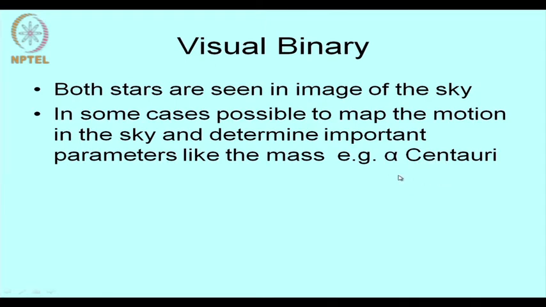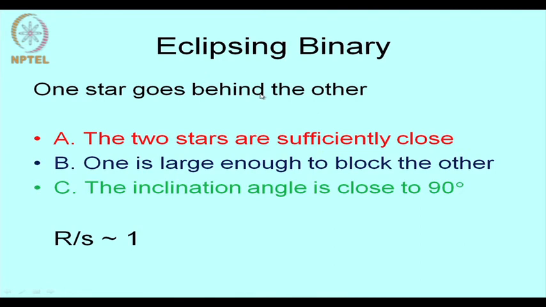Let me now move on to the next kind of binary system, which is an eclipsing binary. So, in an eclipsing binary, you typically cannot distinctly make out the two stars in an image of the sky.